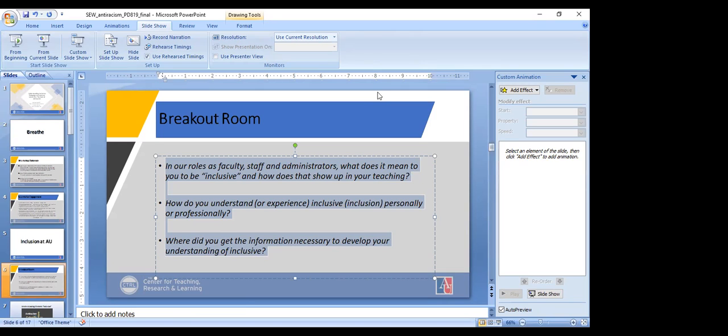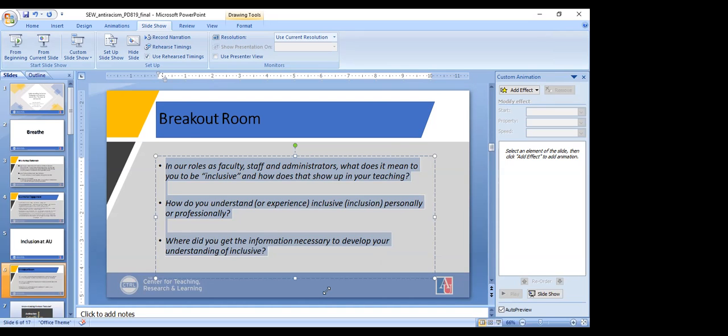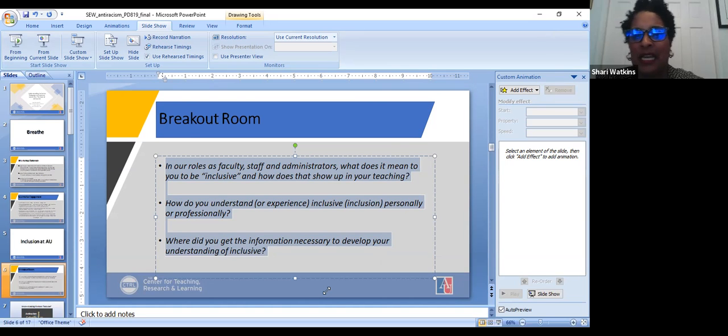Oh, if you go to the little screen, there's a little green arrow. Did your Zoom become like a little box in the corner? Yeah, it did.